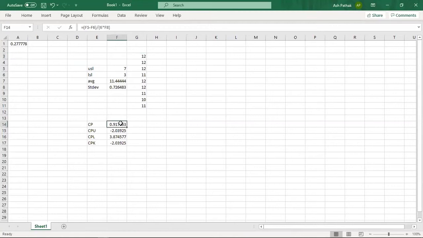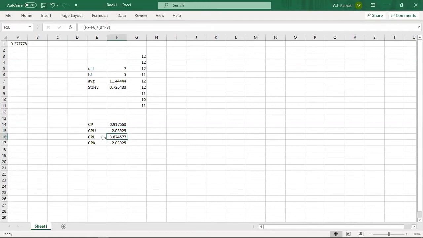So for CP, I took USL minus LSL and divided it by 6 times the standard deviation. Then for CPU, I have taken USL minus average divided by 3 times the standard deviation.